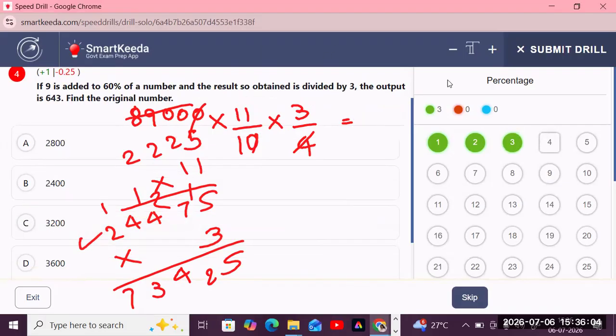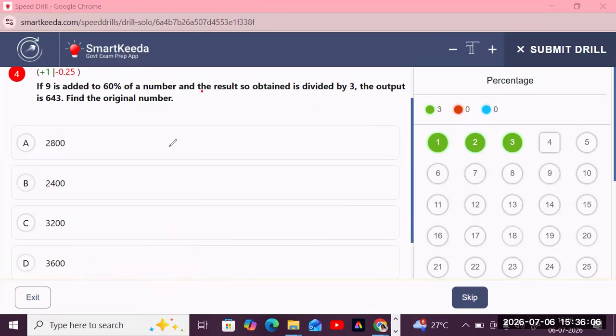Next, if 9 is added to 60% of the number, the result obtained is divided by 3.